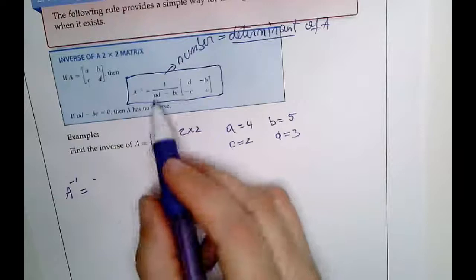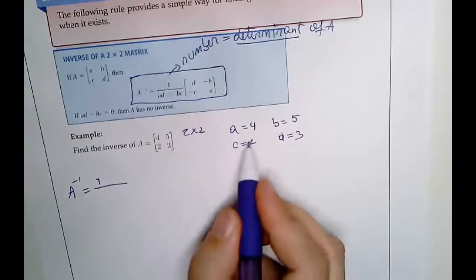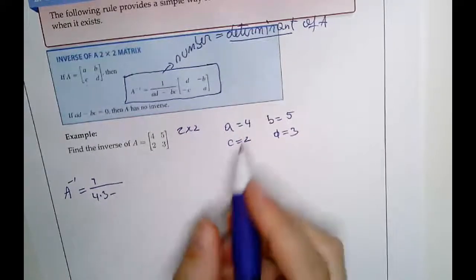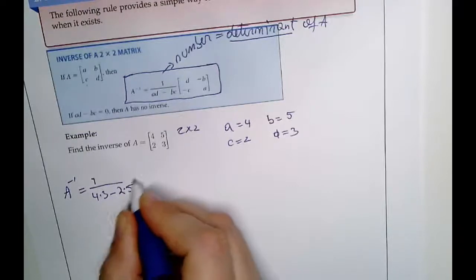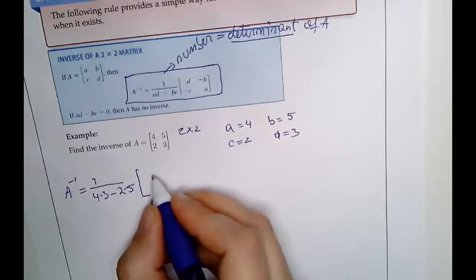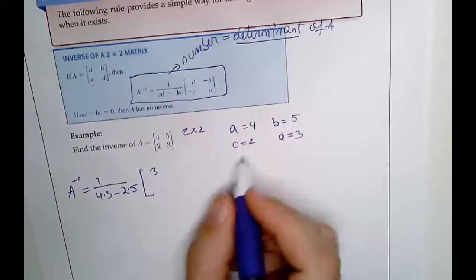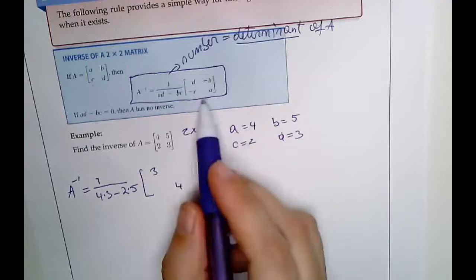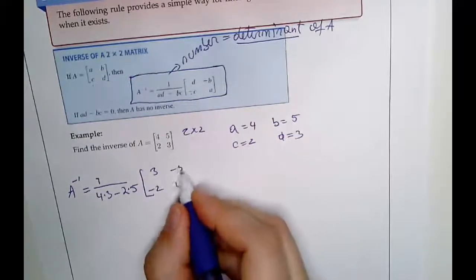So I'm applying the rule. The rule tells me that the inverse is going to be 1 over this number, which is A times D, so 4 times 3, minus B times C, 2 times 5, and then times this matrix: D is 3, A is 4, and then negative C and negative B, so negative 2 and negative 5.